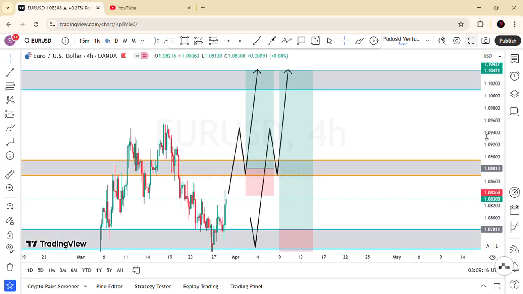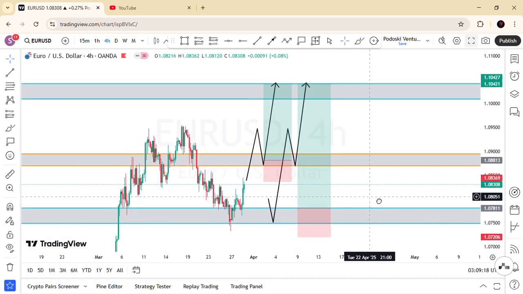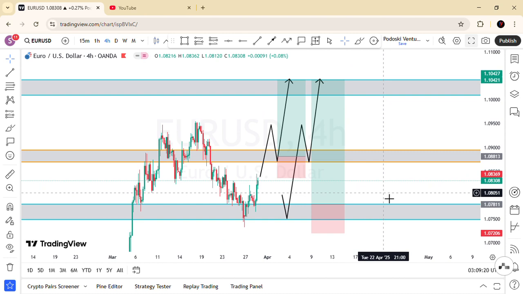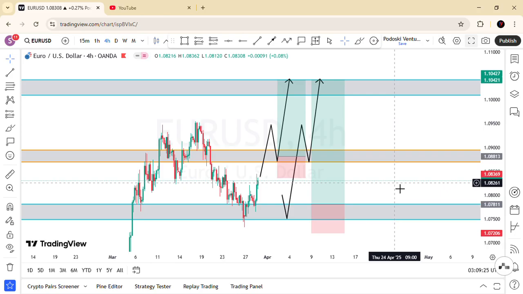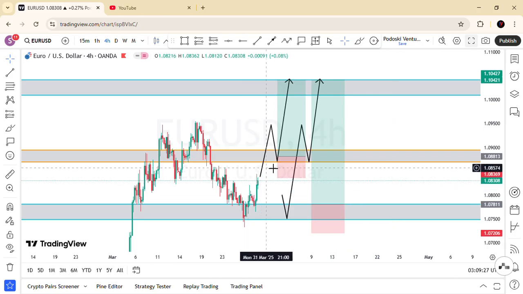So on EURUSD, this is what we are expecting on the 4-hour. We have two expectations. Either price continues going up and breaks out of the weekly zone, comes back for a retest, gives us a candle confirmation, then we buy.